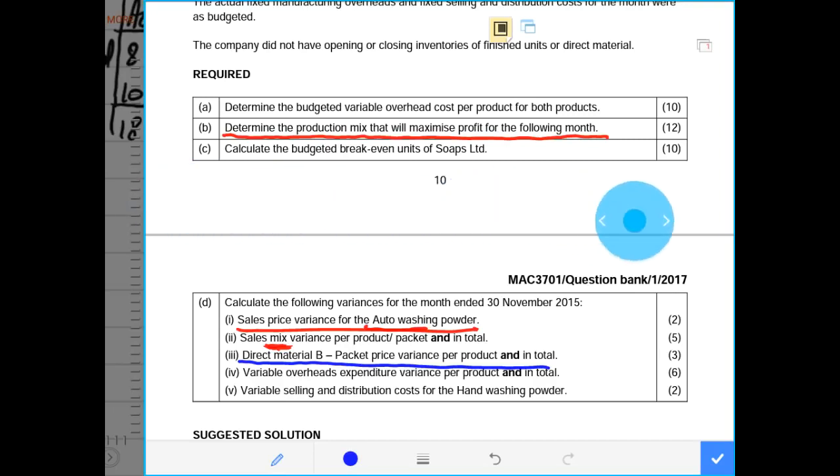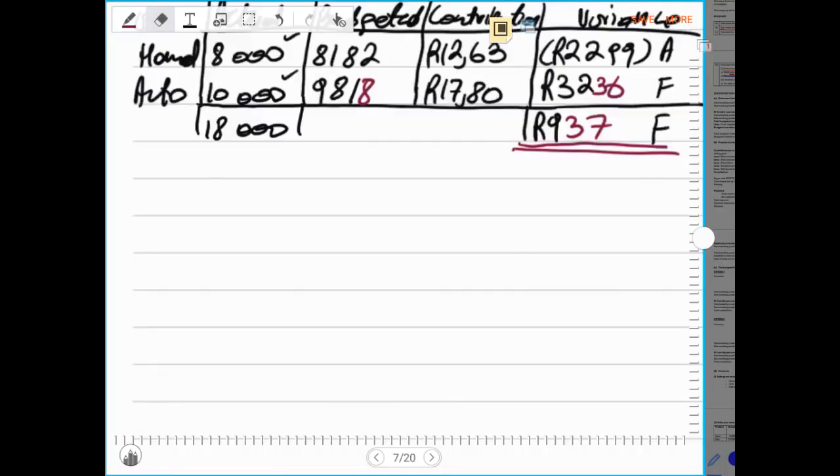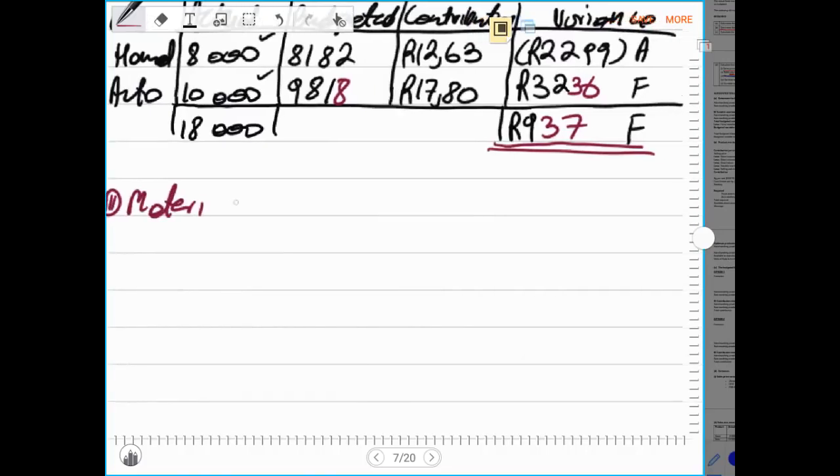This is the easy variance, honestly. So now we are doing the third variance, number 3, which is material B price variance.